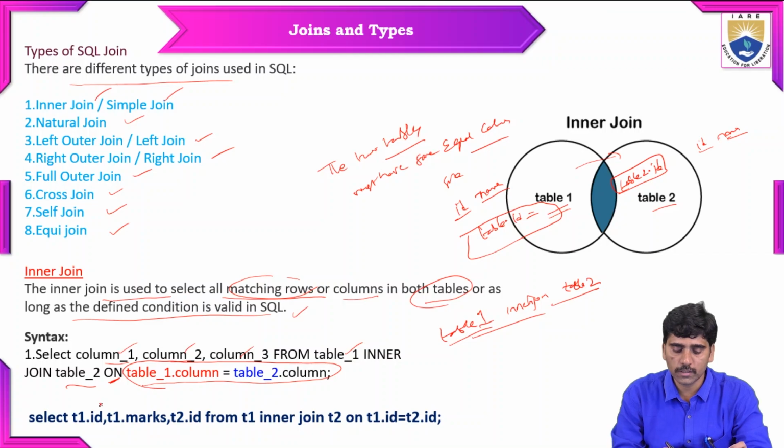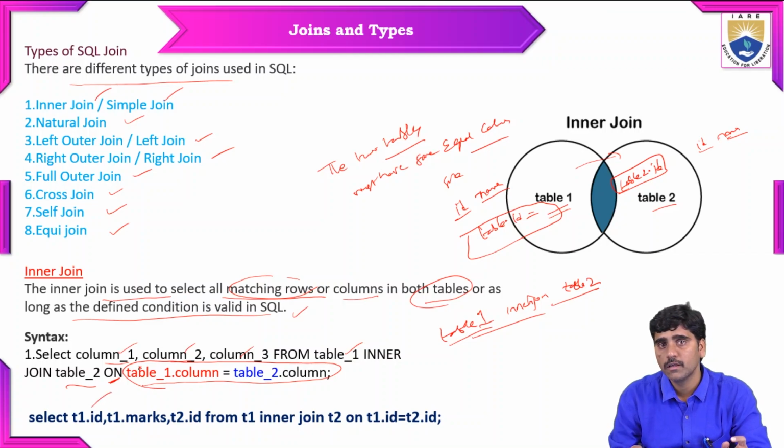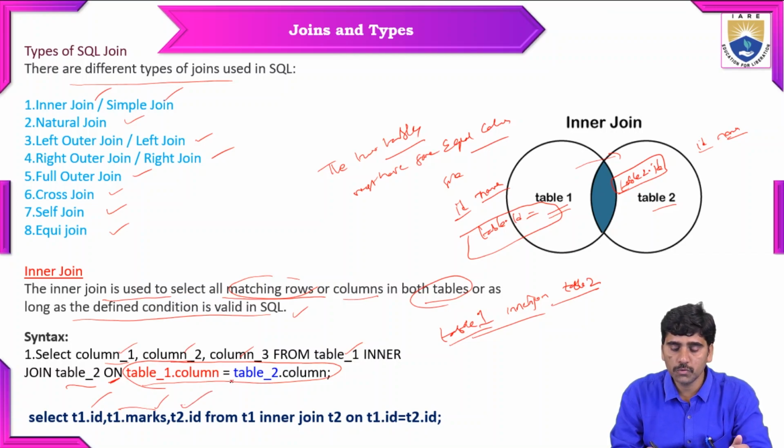Here, select T1 dot ID, that is table 1 dot column 1, similarly T1 dot marks, that is table 1 dot column 2, comma, T2 dot ID, that is table 2 dot column 1, from T1, that is table 1.